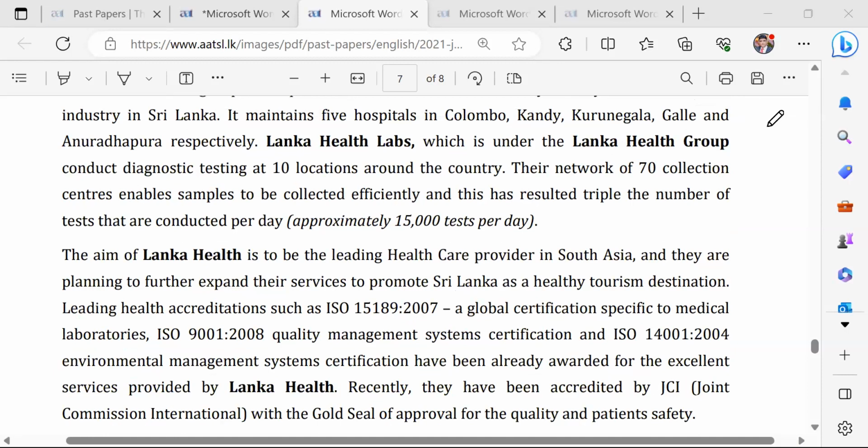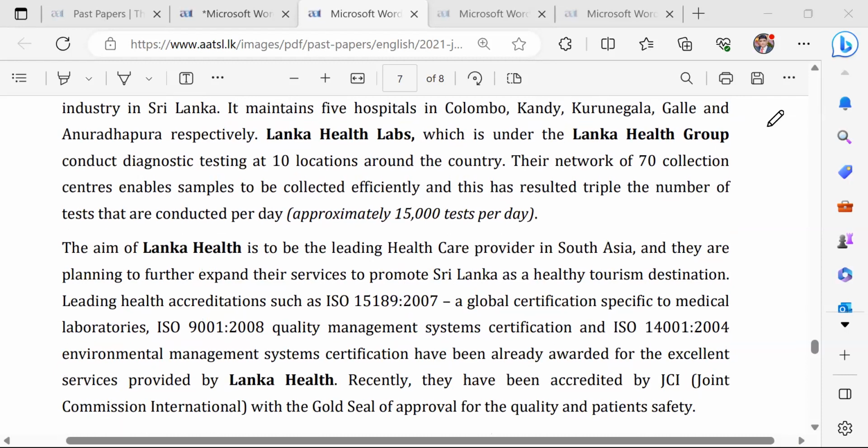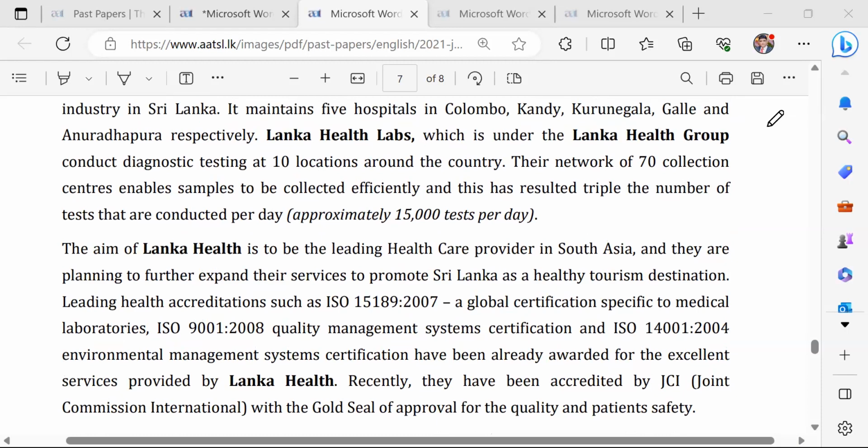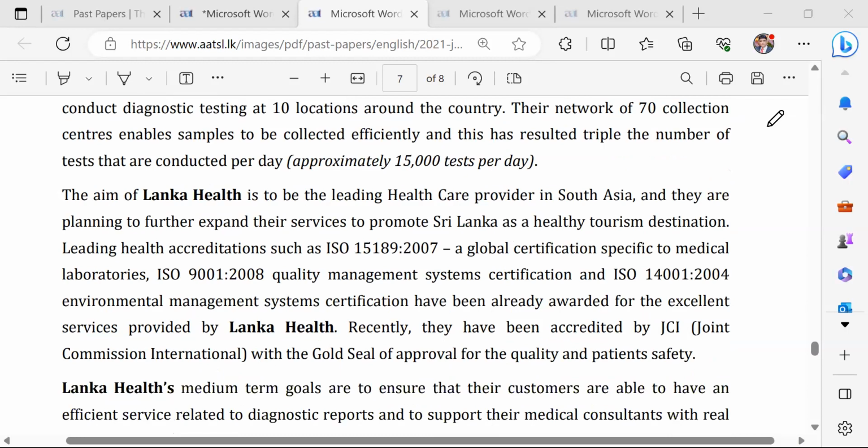Their network of 70 collection centers enables samples to be collected efficiently, and triples the number of tests conducted per day, approximately 15,000 tests per day.